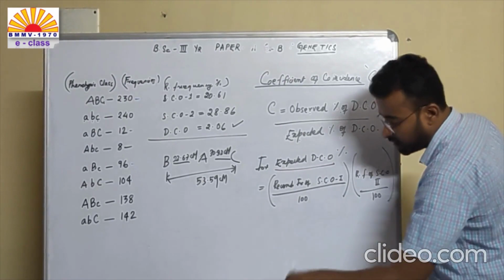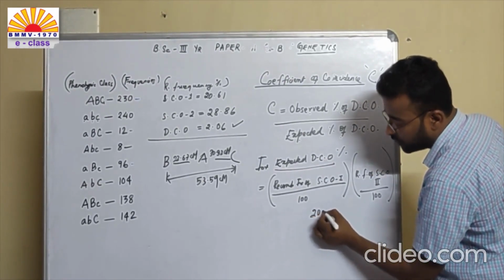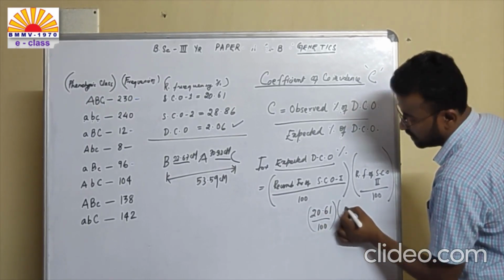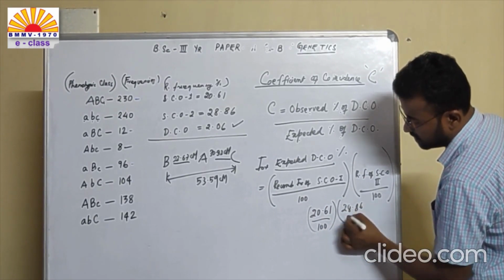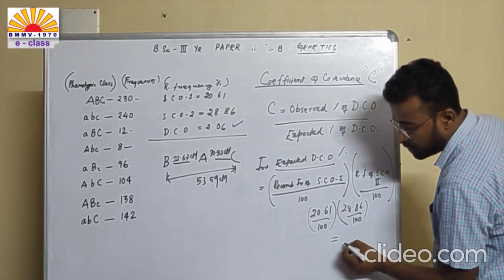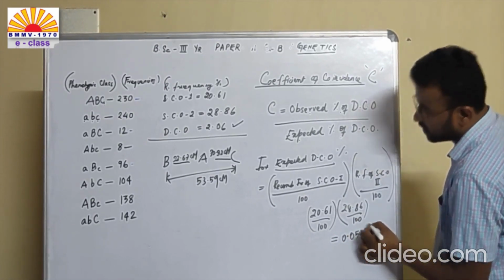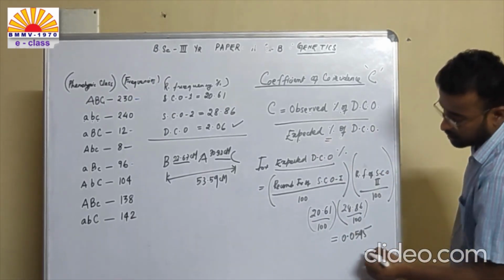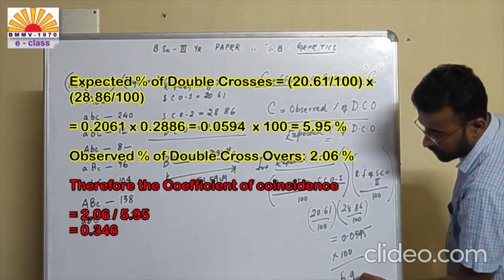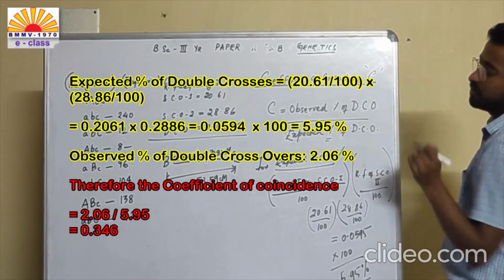When we put all this in the formula, we get 20.61 divided by 100 and 28.86 divided by 100. Simplifying, we get 0.0595. Since we have to put this in percentage, multiplying by 100, we get 5.95 percent.